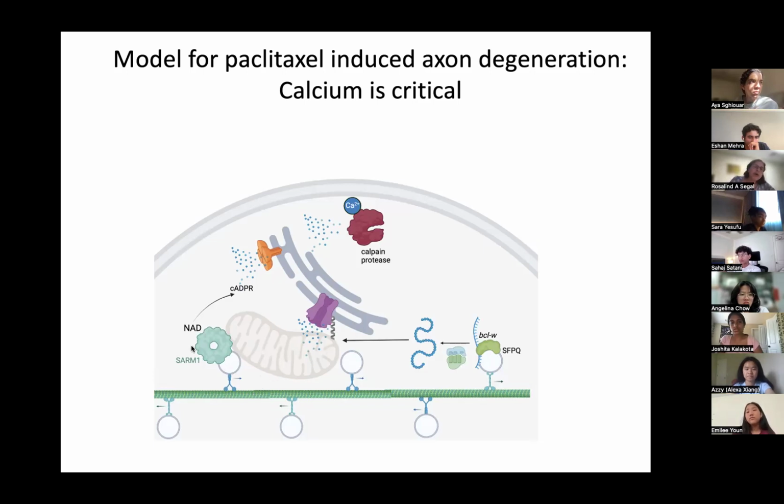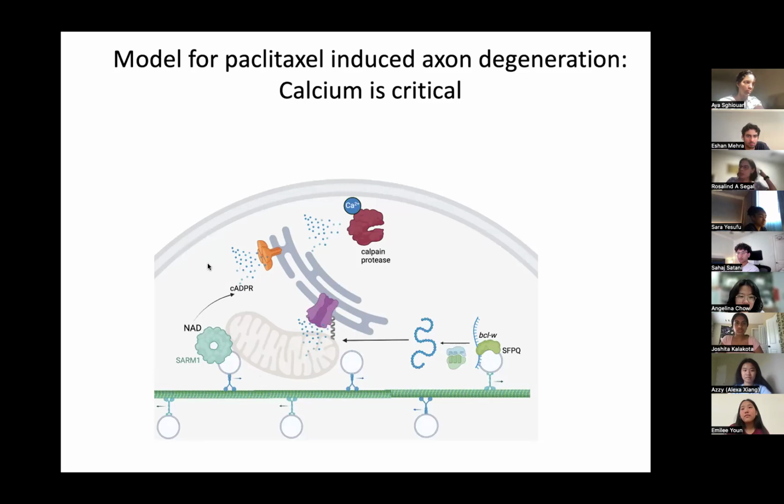Paclitaxel also affects the transport of SARM1, and paclitaxel activates this enzyme to cleave NAD and produce cyclic ADPR, and so affect ryanodine receptors and again change calcium levels.